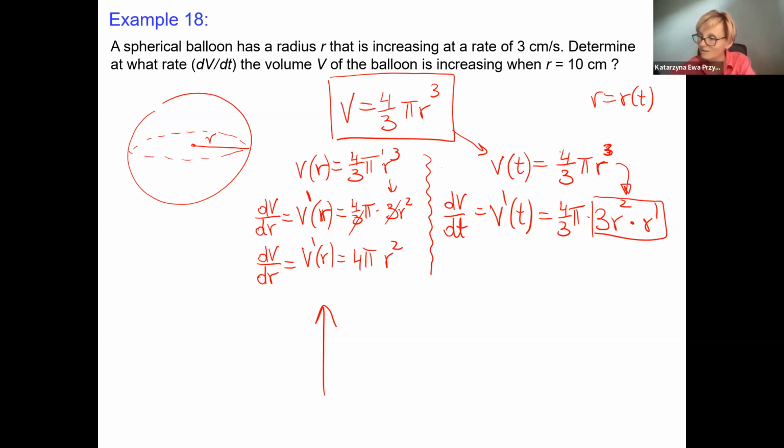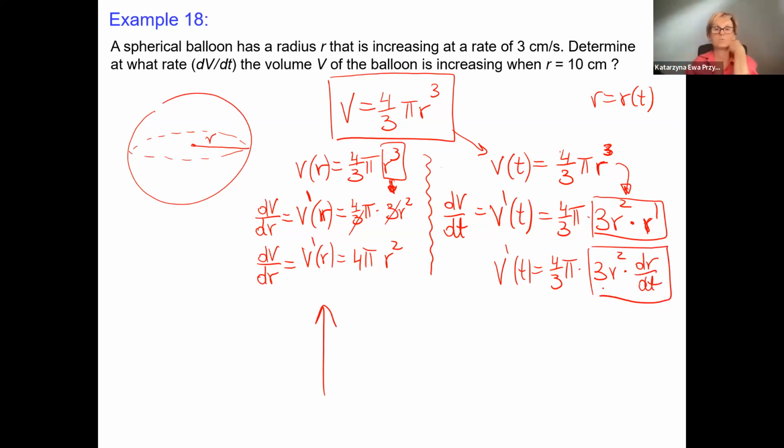We can see this is the difference. The derivative of r cubed is 3r squared, but the derivative of r cubed, if r is a function which depends on the other variable of time, will be 3r squared times r prime. Or if we prefer, 4/3 pi times 3r squared dr/dt.